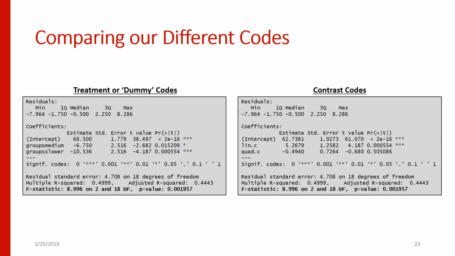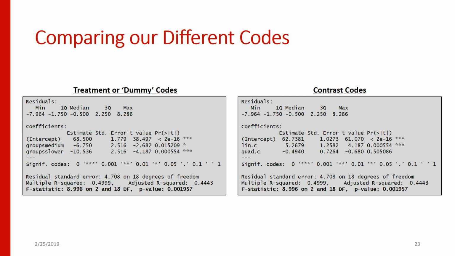The other thing we want to take a look at is that although we get very different estimates in our coefficients here, we get identical results in the omnibus test at the bottom of the R output. You can see that our intercept, our two slopes, and their statistical significance are different if we use treatment codes than if we use contrast codes. However, the R squared, the omnibus F, and the p-value are exactly the same across these two models.